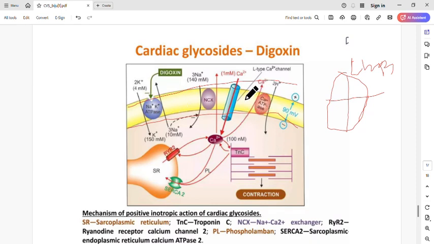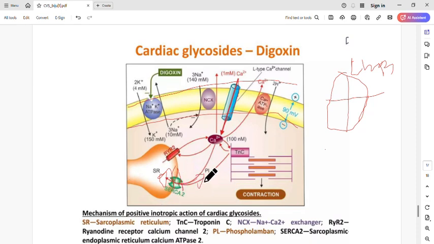Then 1% of the calcium enters into the interstitial fluid. Here the sarcoplasmic reticulum calcium channel is present, so that calcium activates the RyR2 system. 1% comes from the L-type calcium channel, and then 99% of the calcium is released from the sarcoplasmic reticulum.